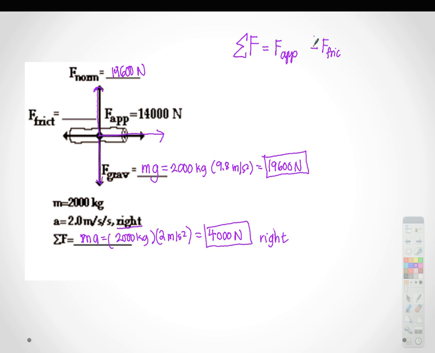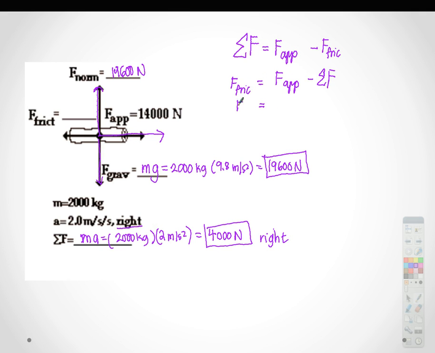Okay, and what we need is the force of friction. So if we rearrange this first, using your algebra, the force of friction is equivalent to the force applied minus the net force.